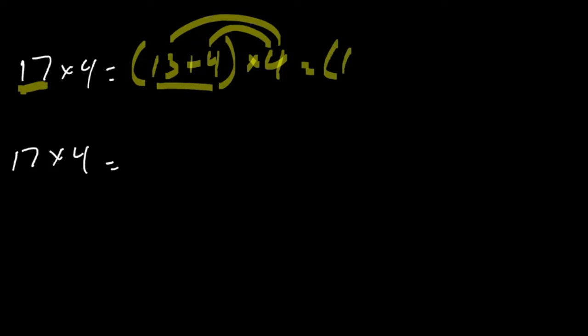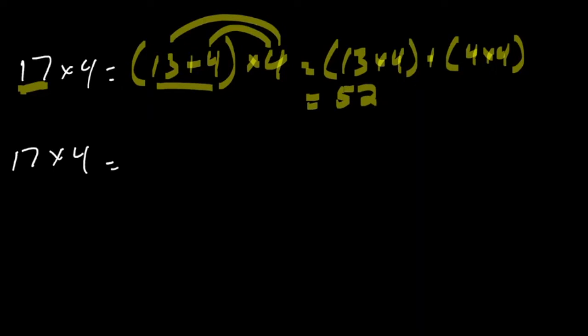So I can rewrite this as 13 times 4 plus 4 times 4. Now 13 times 4 is 52, and 4 times 4 is 16. And I can add that together and I get 68.